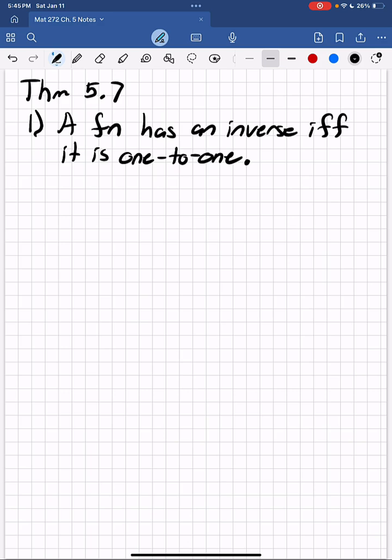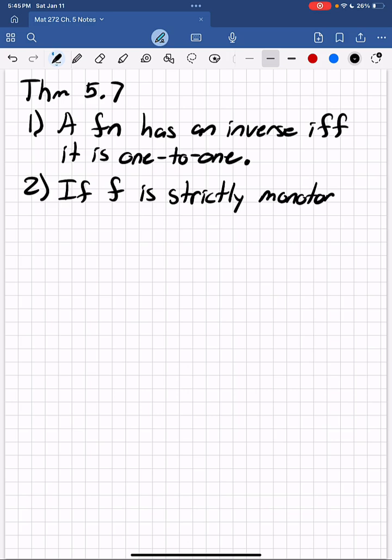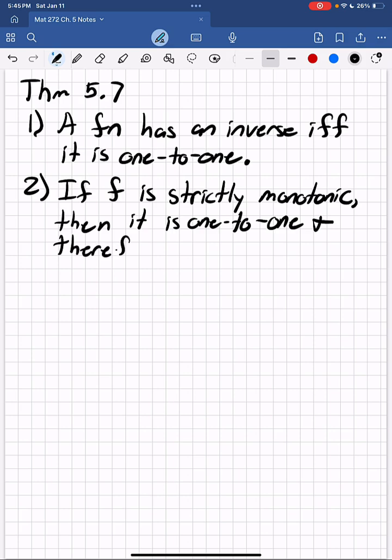The second part: if f is strictly monotonic, then it is 1-to-1, which, of course, we could validate by using the horizontal line test, and therefore it has an inverse.